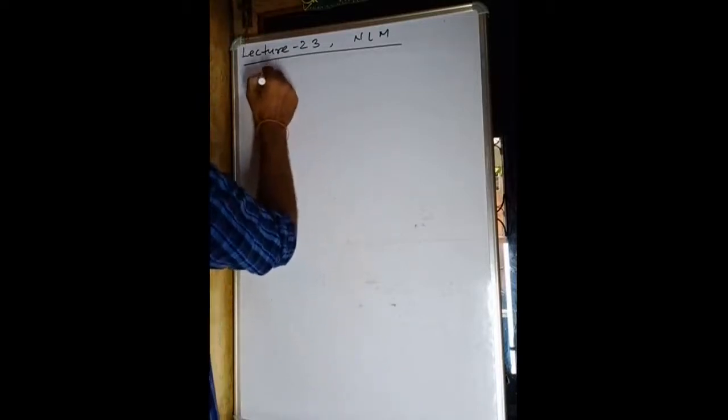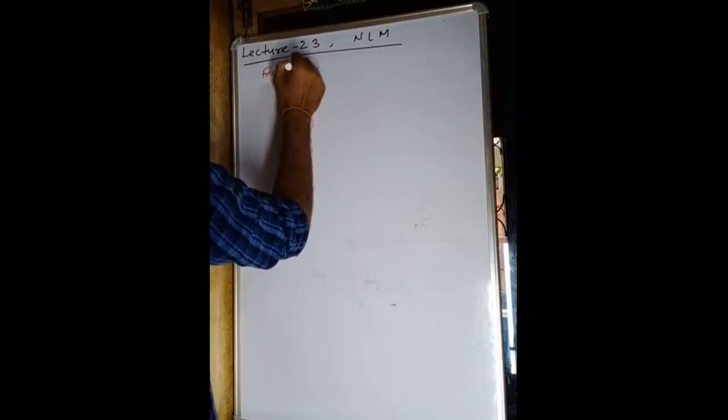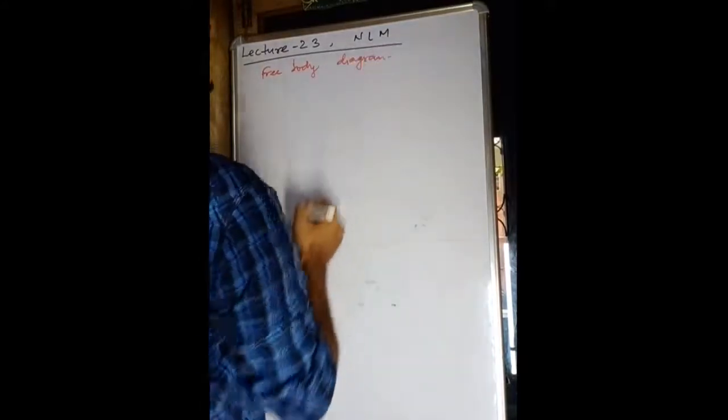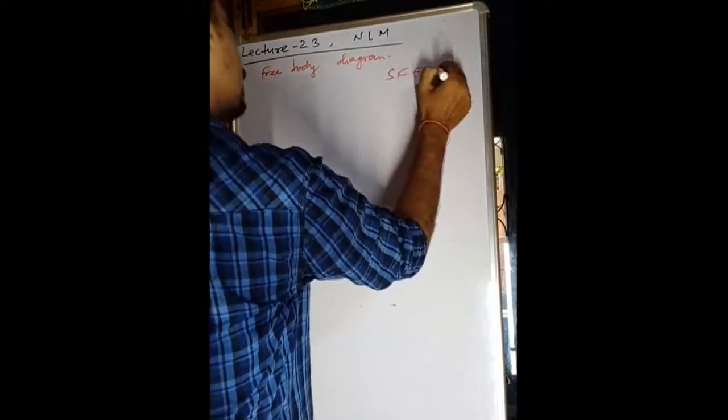We were studying the concept of the free body diagram. I told you to solve the questions of mechanics with SAPHI. Solve all the questions with SAPHI. What were the SAPHI steps?